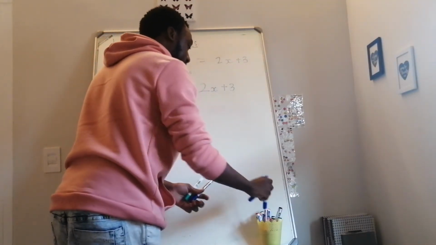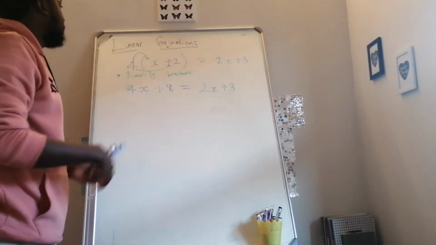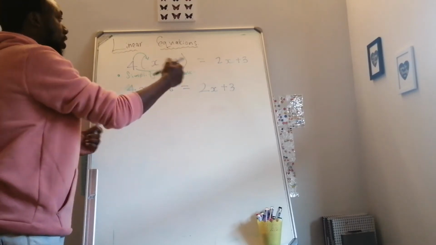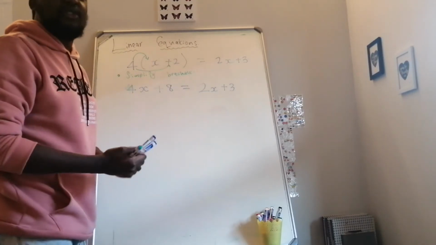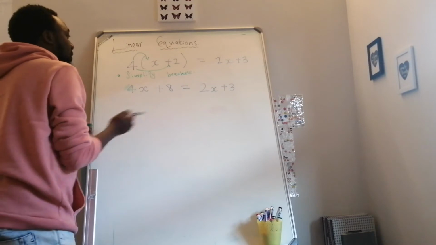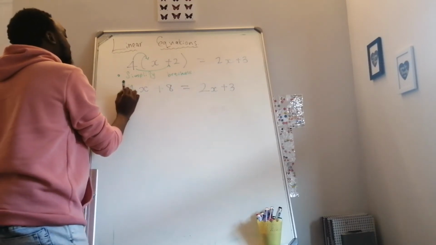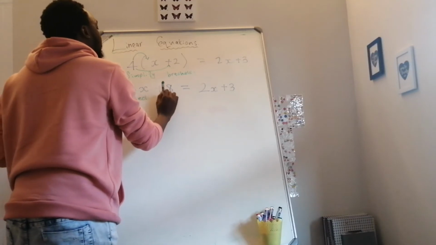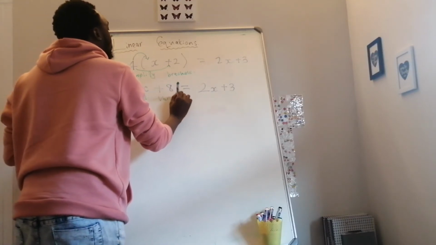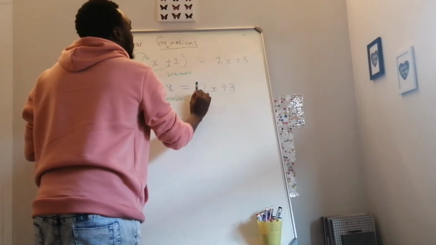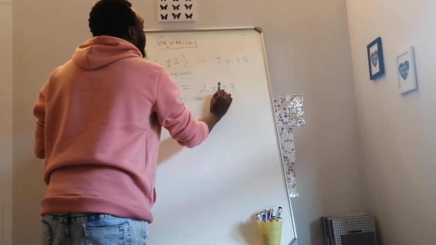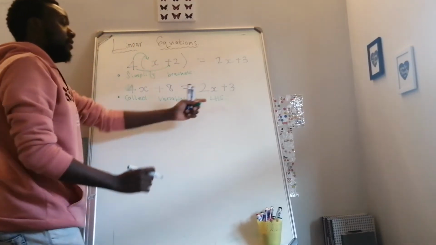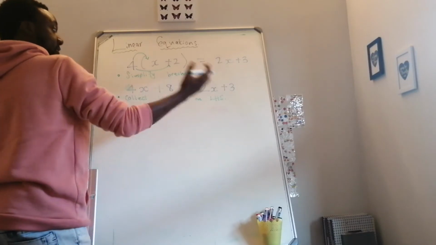Alright, so now it goes back to the equations we've been working with. We collect variables on the left hand side. You bring them this side, the left hand side.